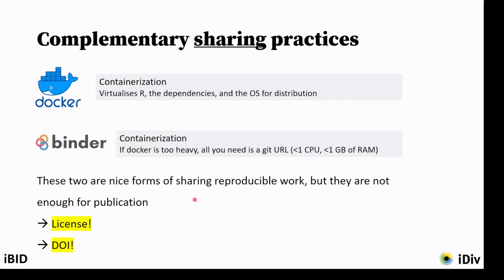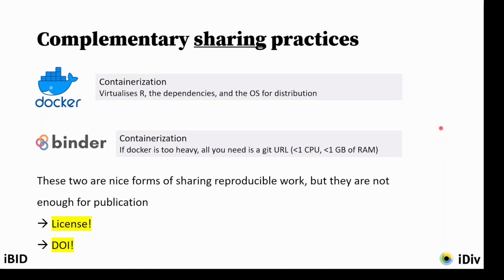In the program of the summer school, we mentioned Binder. But I want to make a distinction here, the same way that saying my code is on GitHub is not enough.